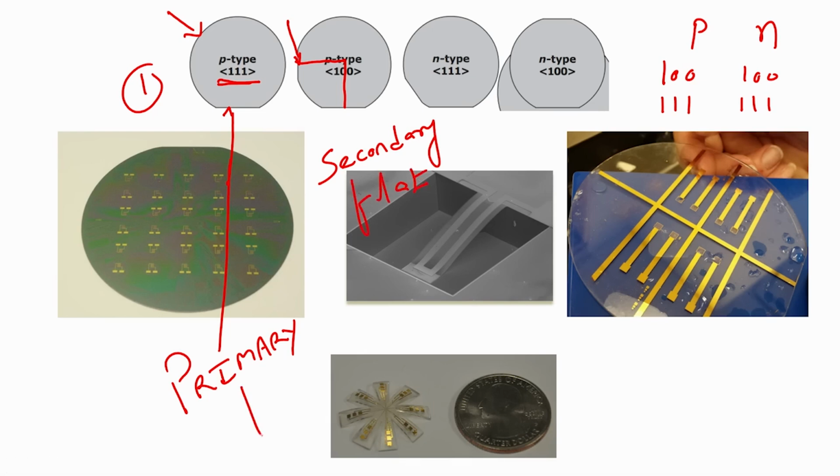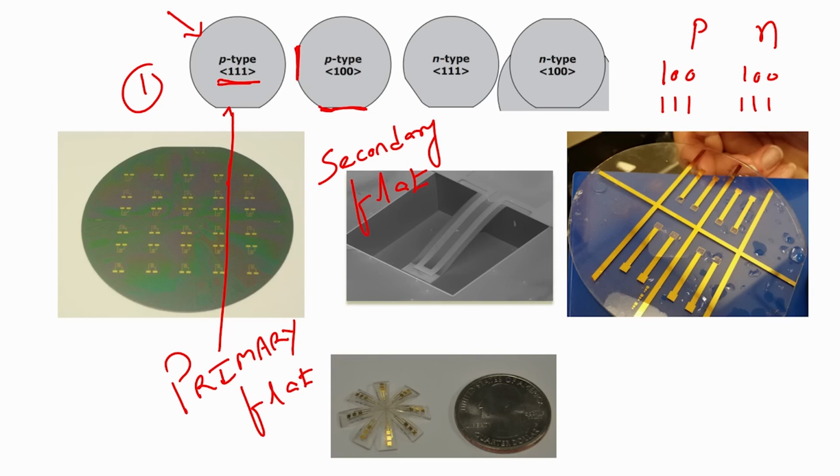This is my secondary flat. Let me draw with red pen here: this is my primary flat, this is my secondary flat. Good. Now, we know how to distinguish p type 111 and p type 100.